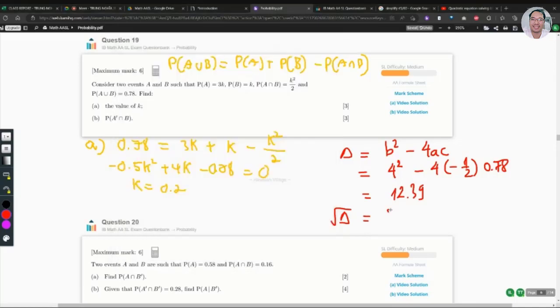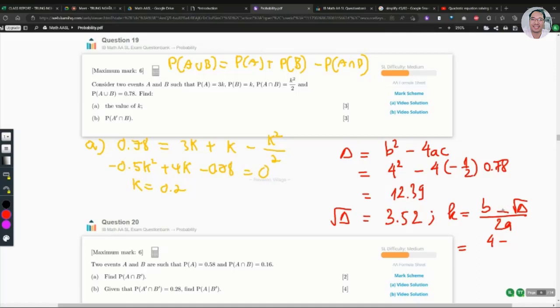Okay, and the solution k is b plus or minus the square root of the discriminant over 2 times a. b is 4. If we take the minus sign, we subtract. We cannot take the plus sign, because with the plus sign our solution will be greater than 1.